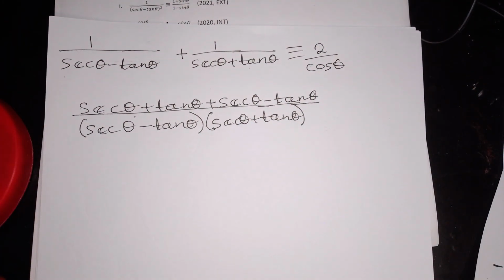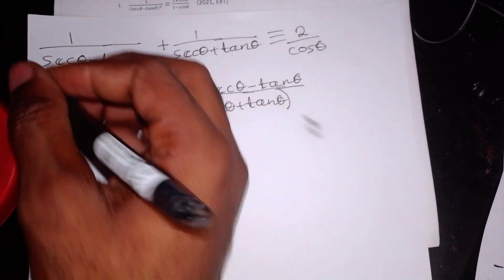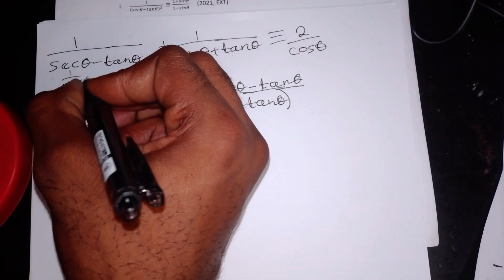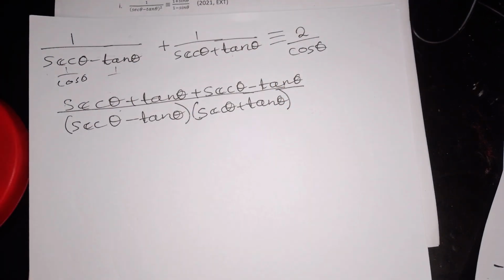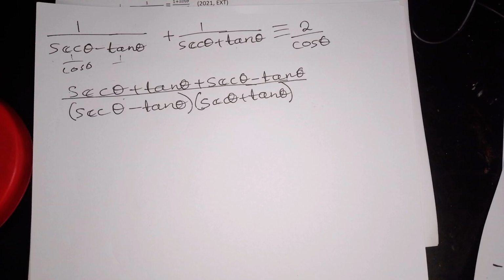I'm beginning to think it would have been easier if we had changed this to 1 over cos theta and then this to 1 over sin theta, but let's carry on and see what we obtain.